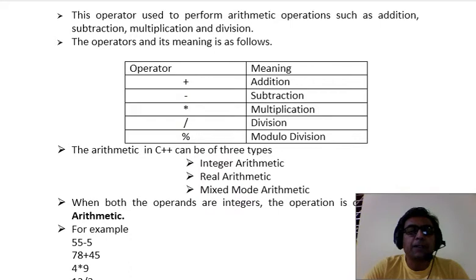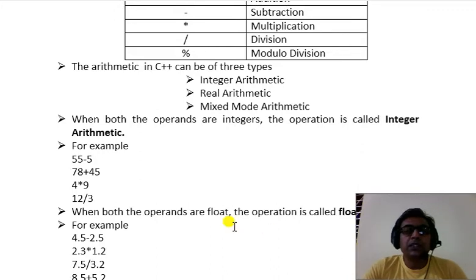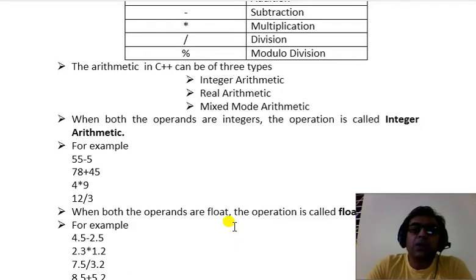Integer arithmetic means if we are performing some calculation on numbers, and all the numbers are of integer types, then that kind of operation is called as integer arithmetic operation.